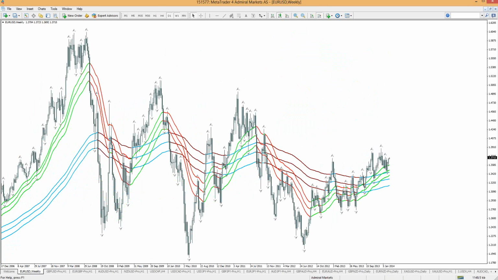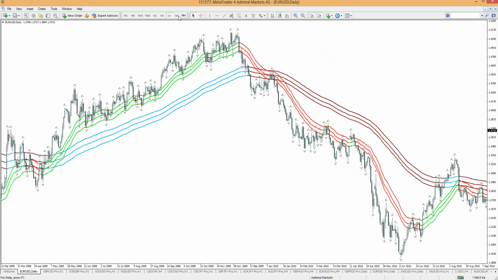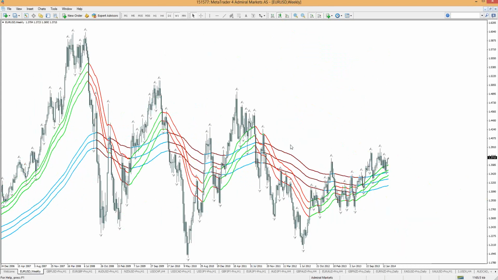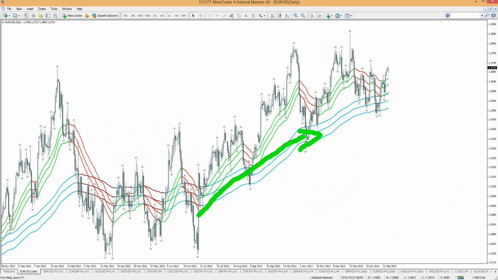You can see that. Now, although that looks choppy and corrective on the weekly, and the moving averages are flat on the weekly, on the daily, we did have a very slight upside angle. There it is.